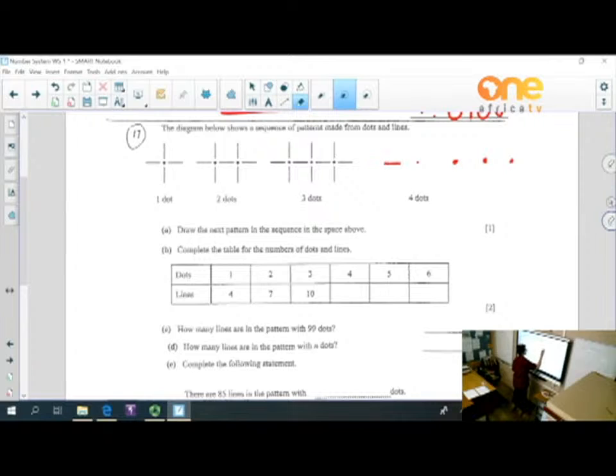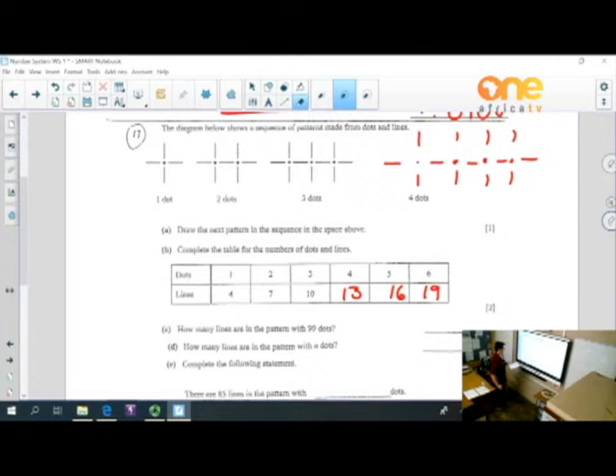So now I will have 1, 2, 3, 4 lines, and then also here. There's my shape. Okay, then they say complete the table for the numbers of dots and lines. So dots we have now, and here we have to find a pattern. And you can see that every time it is 3 more. So this one will be 13, 16, and 19.